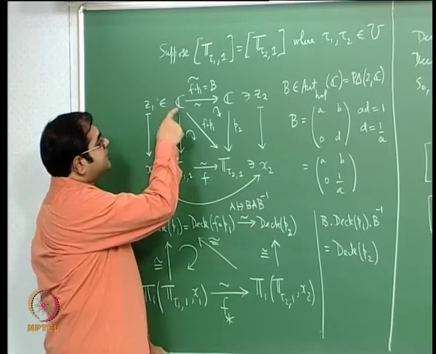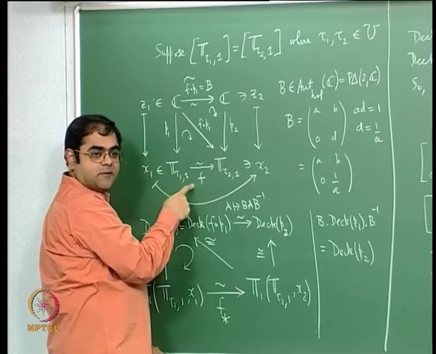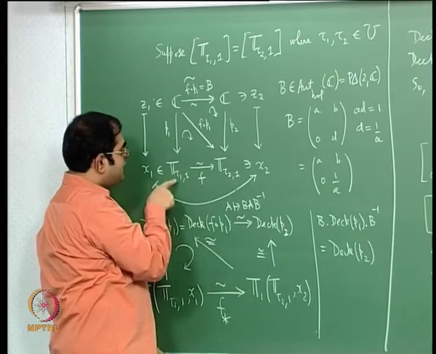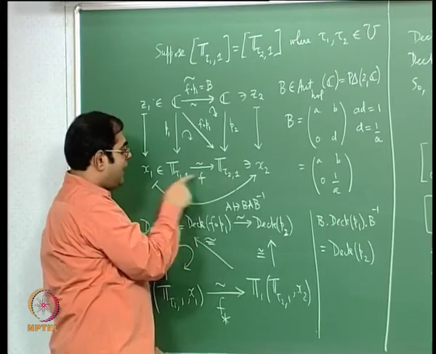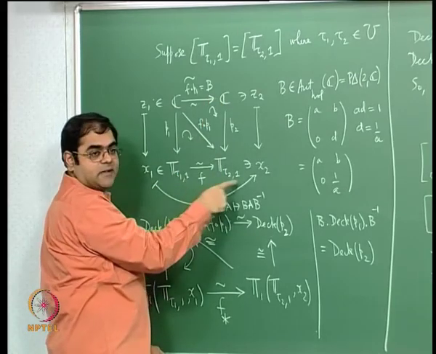So it will carry the grid defined by 1 and tau 1 to the grid defined by 1 and tau 2, and therefore it will induce a map like this, and the B inverse will induce a map in the other direction, so this map will be automatically bijective.